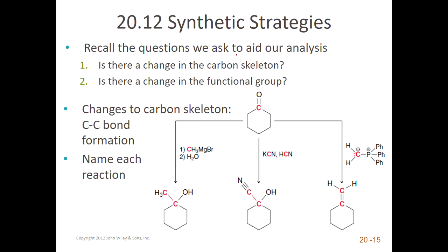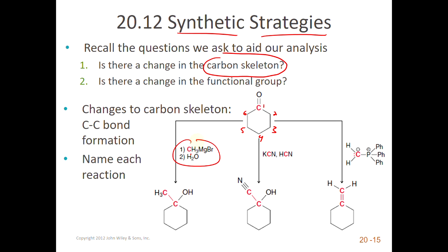Anytime we solve a synthesis problem, the first thing we want to do is check to see if the carbon skeleton is changing. So if I have a certain structure, a certain number of carbons, and I'm trying to make some other compound, I want to see if there's an addition or a subtraction from the number of carbons in the structure.